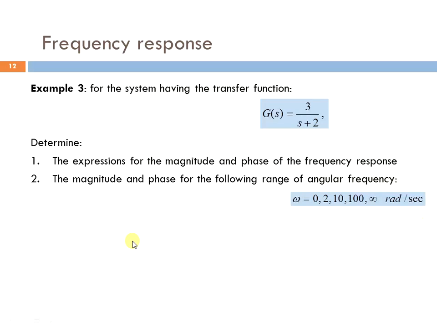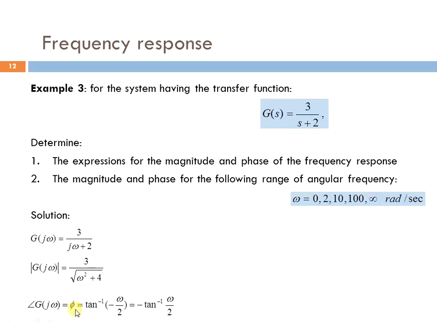So the first step is to determine the frequency response function, and using the previous procedure, we find that the magnitude is equal to 3 over the square root of omega squared plus 4, and the phase is negative arctangent of omega over 2. So we can evaluate this then.